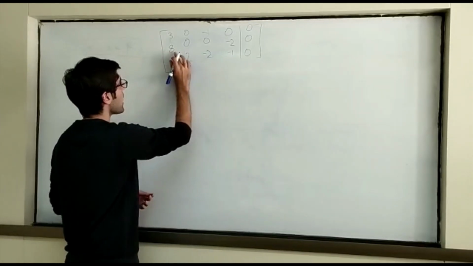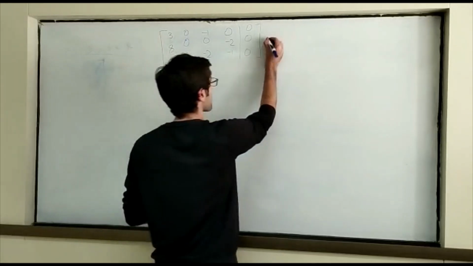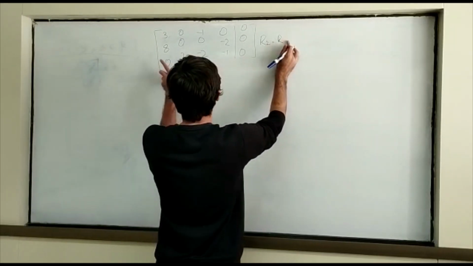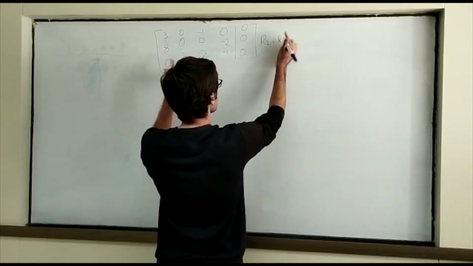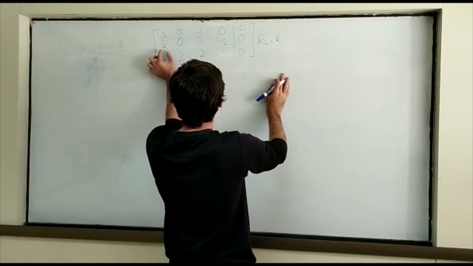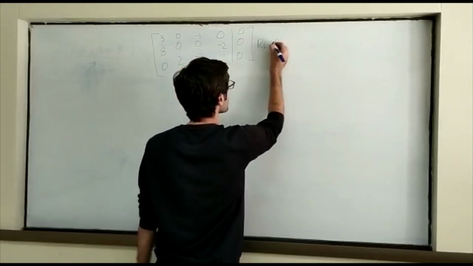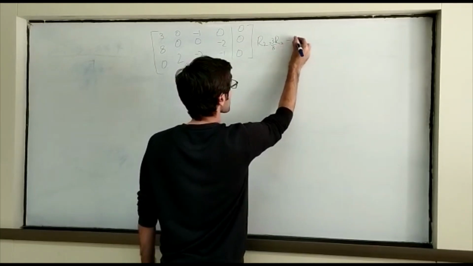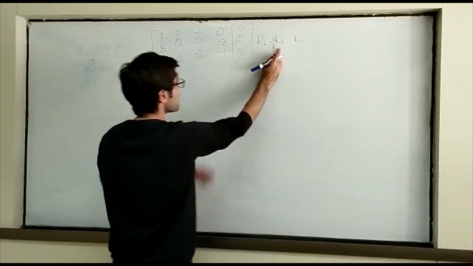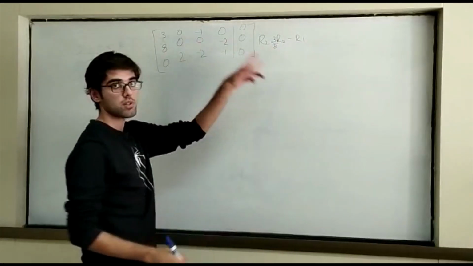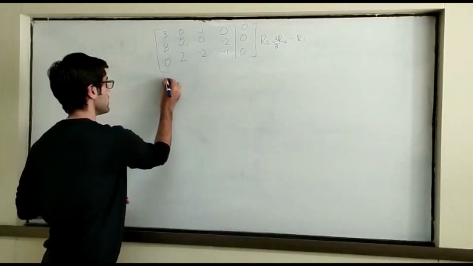So for it to be 0, I will have to apply the echelon form rules, which is R2 equals to, now I have to multiply this number with a number such that it makes this number 0. So I will multiply by 3 upon 8. This 3 upon 8, when multiplied by 8, will give us 3, and 3 minus 3 will give us 0. So the first element will be 0 here.